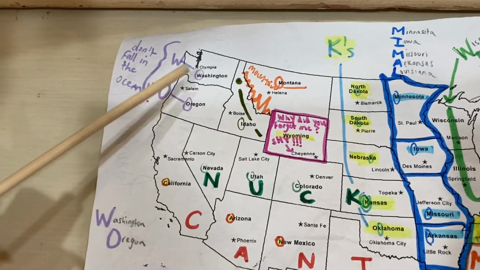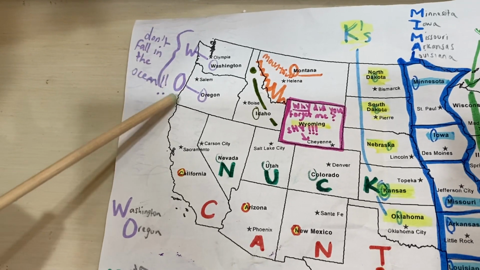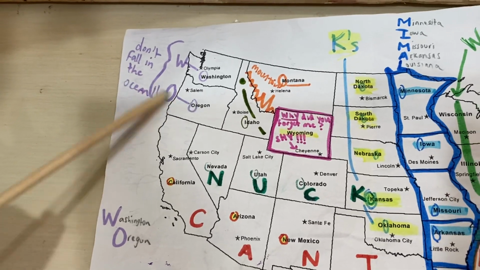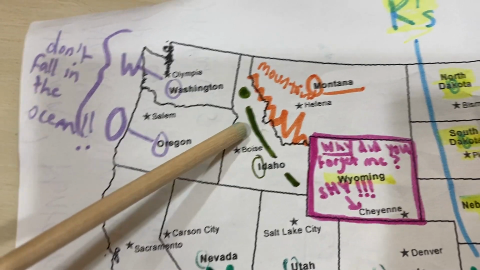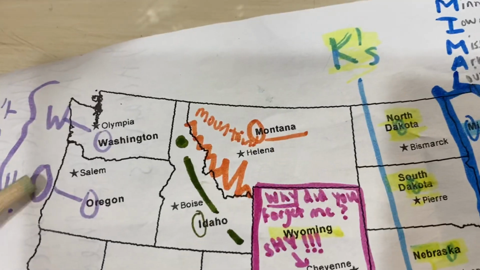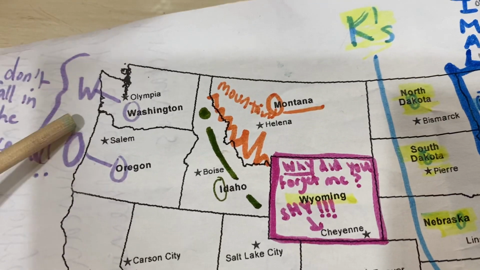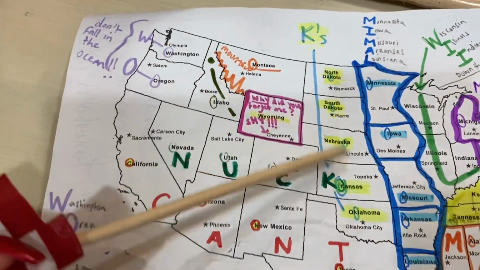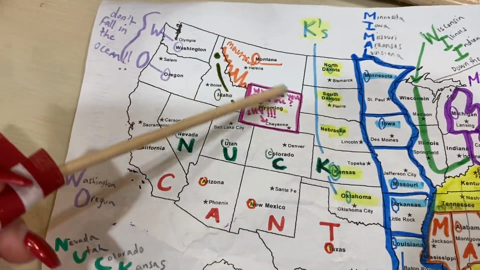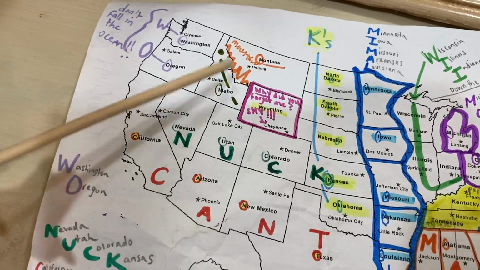And whoa, Washington and Oregon. Don't fall in the ocean. Here's the ocean. And if you even want to look here, there's like a little O here. You could remember that there's a little curve here, or that the ocean's on this side. O for ocean. Whoa.